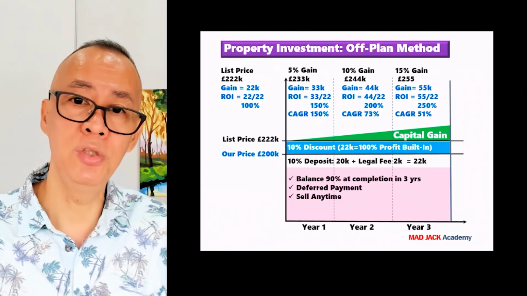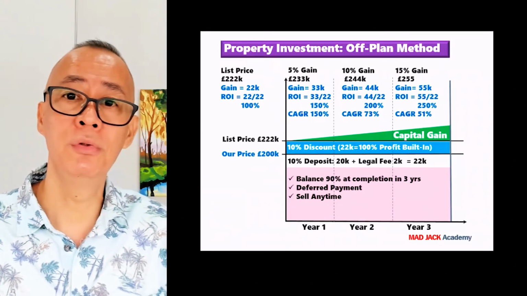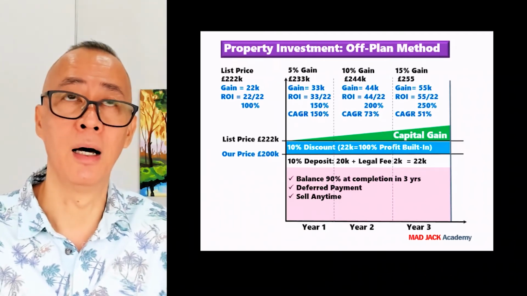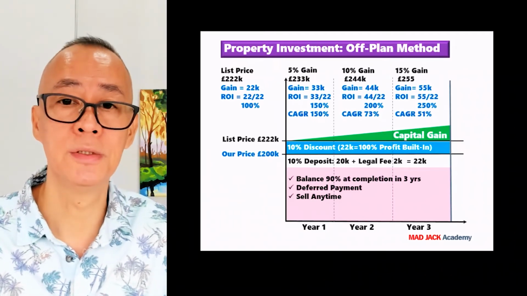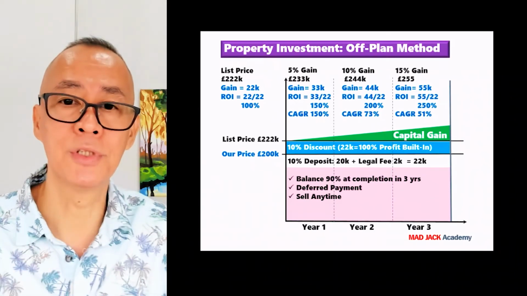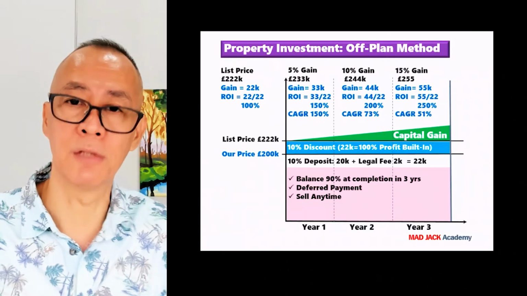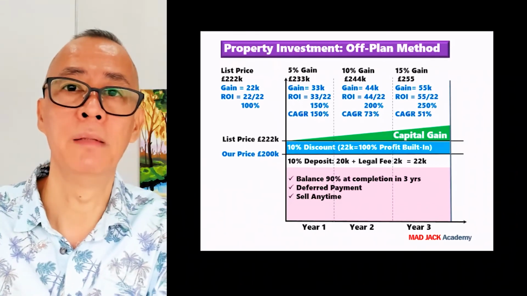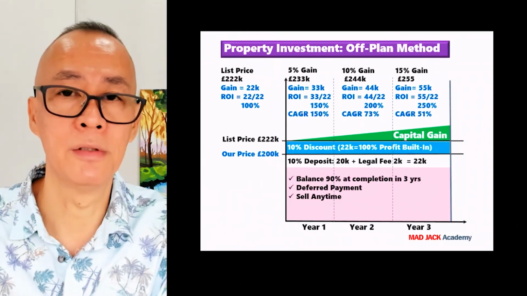Now, when you're able to do that, if you double your money every 3 years, your 100,000 doubles many times. 100,000 becomes 200,000, becomes 400,000, becomes 800,000, and then 1.6 million.